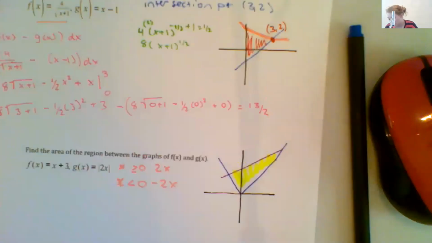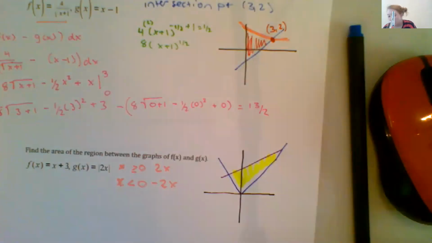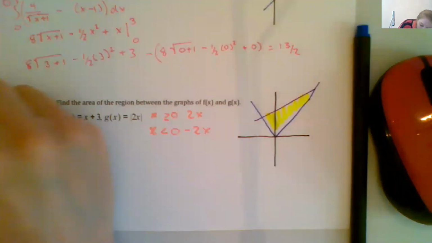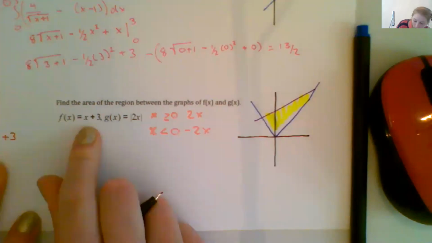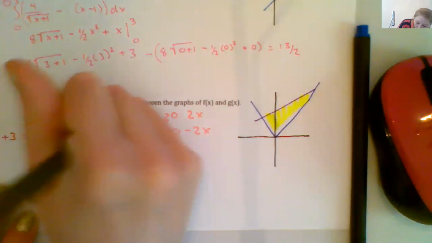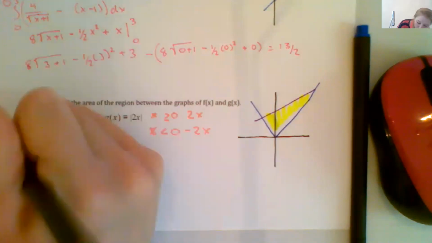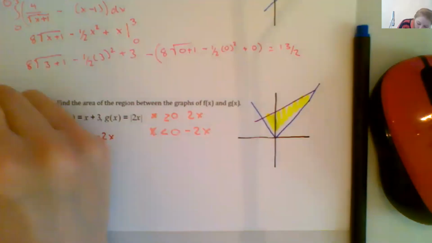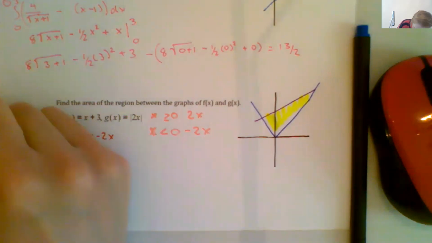And let's do this one mathematically, okay? So this is a little throwback to pre-calc. So x plus 3 equals +2x, and x plus 3 equals -2x. Okay, so in essence, what I'm going to get is -x plus 3 equals 0 minus 3.